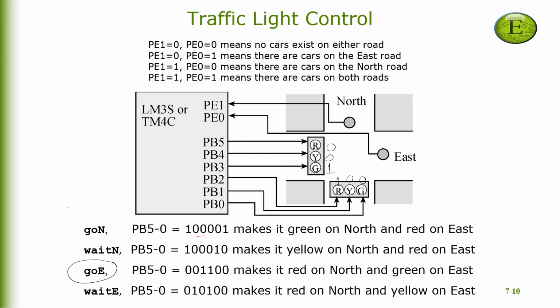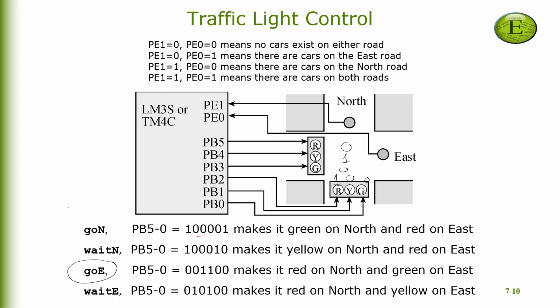Now, if we want to signal the east traffic to prepare for a stop, then we want to go from 001 to 010. And then the signal on the north traffic is still the red signal.